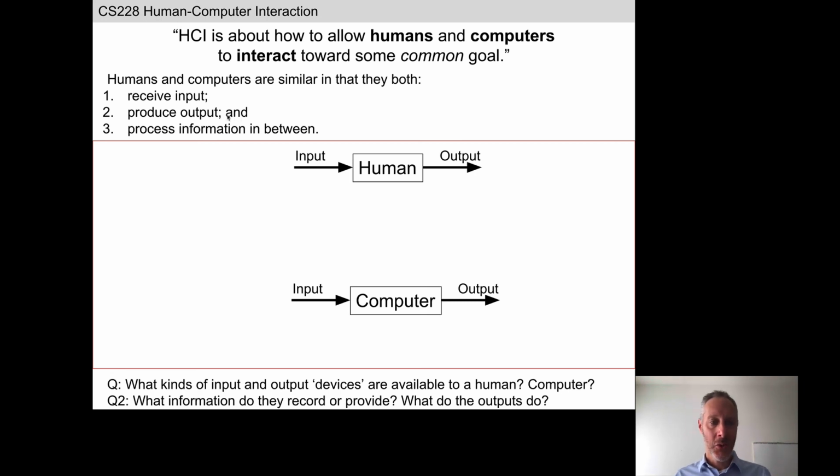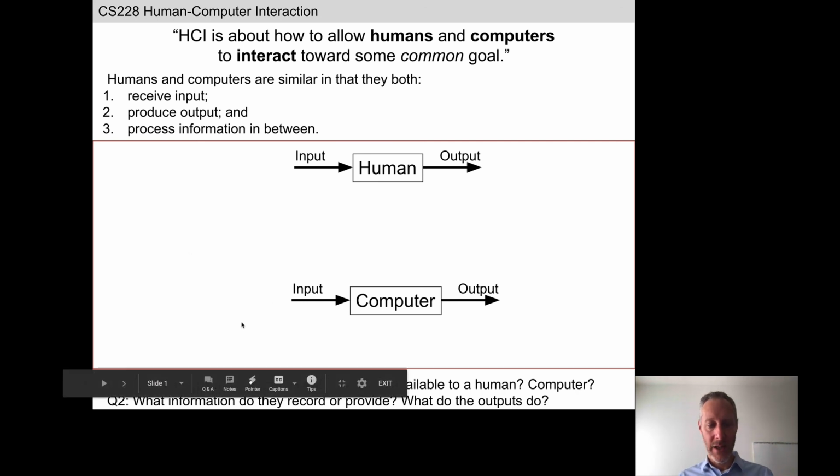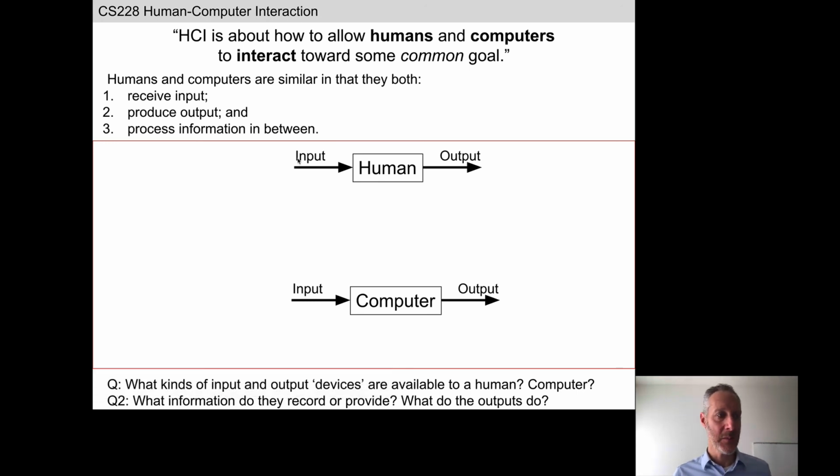And then in between, they process information, right? Information comes in, we cogitate, computers compute, and then we act on the world. What are the input devices? Let's start with humans to begin with. What are some of the input devices for humans? Quote unquote input devices. You can go ahead and type it into chat.